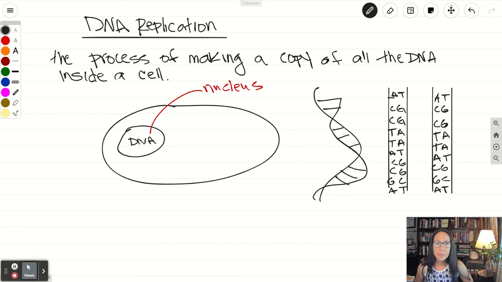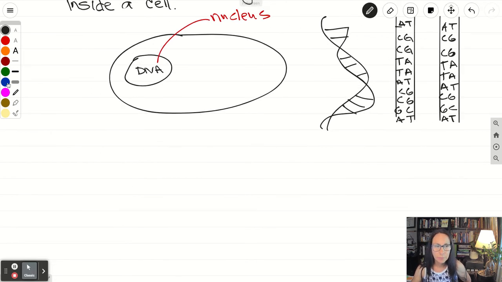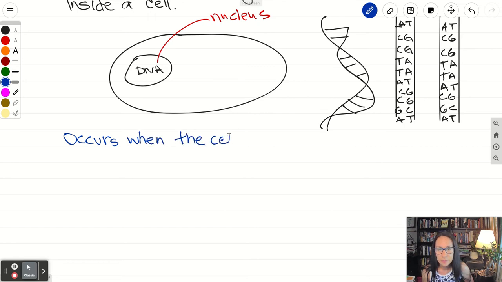Okay, so the DNA replication process happens whenever a cell needs to replicate. Okay, so I'm going to write this down. I'm going to say this process occurs when the cell replicates. Okay, and we're going to talk about cell replication in the coming videos, but right now I just want to focus on the DNA.